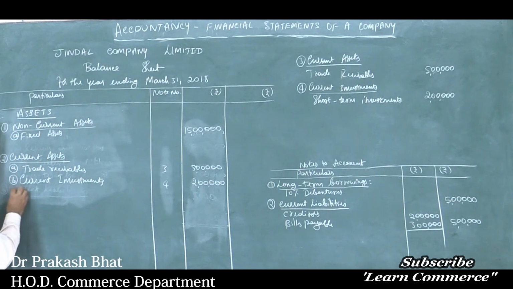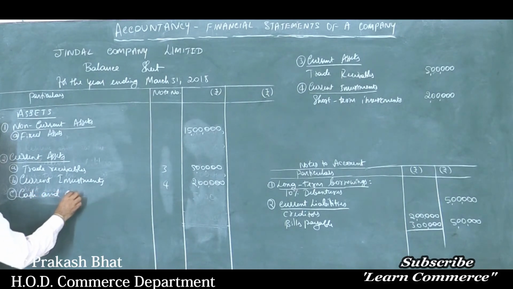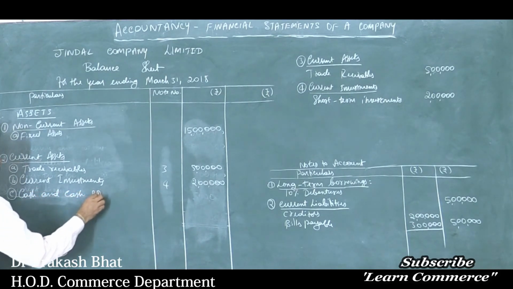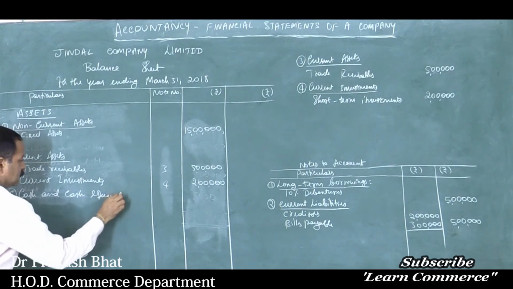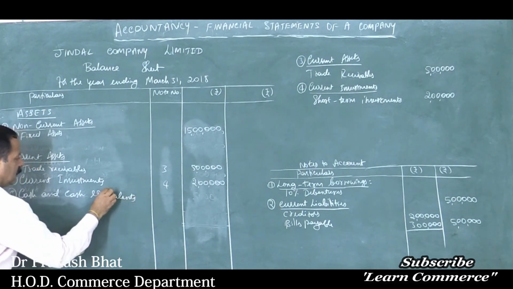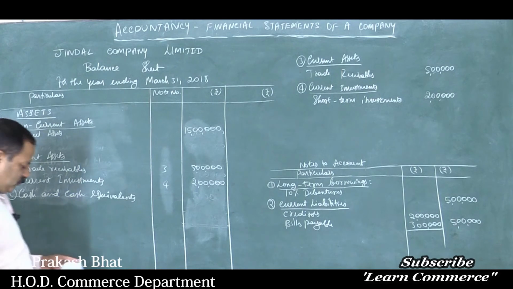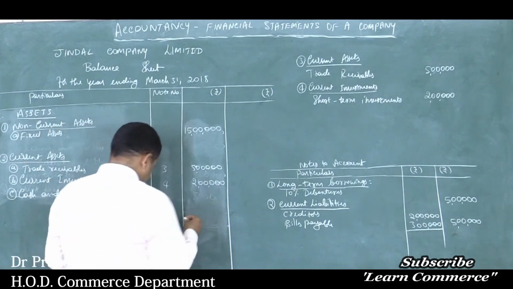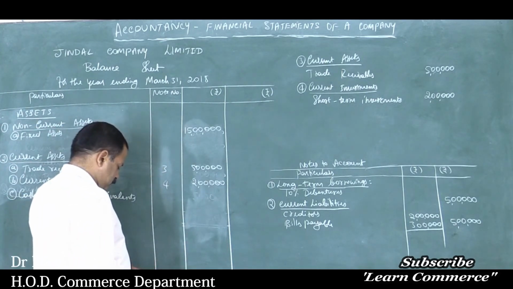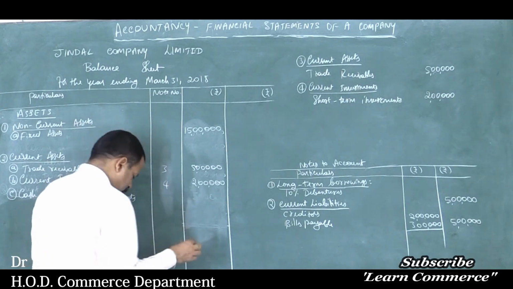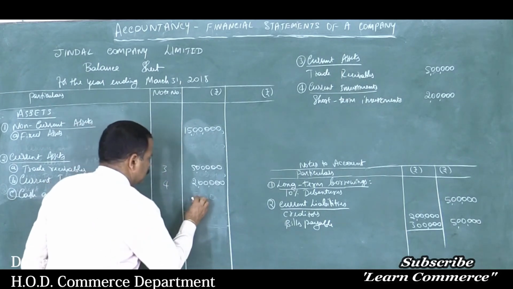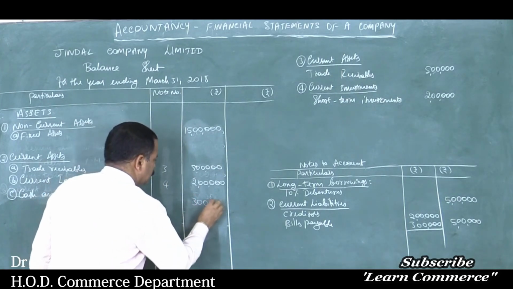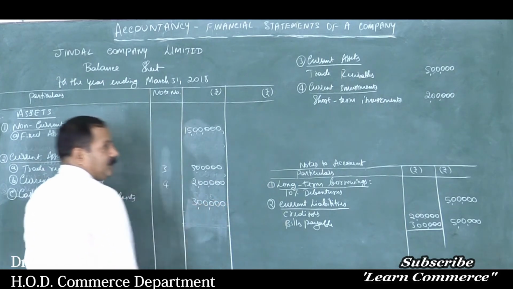No, one last item is remaining. Cash and cash equivalents. Straight away, 3 lakh in the outer column. Yes, it is 3 lakh. It is done.